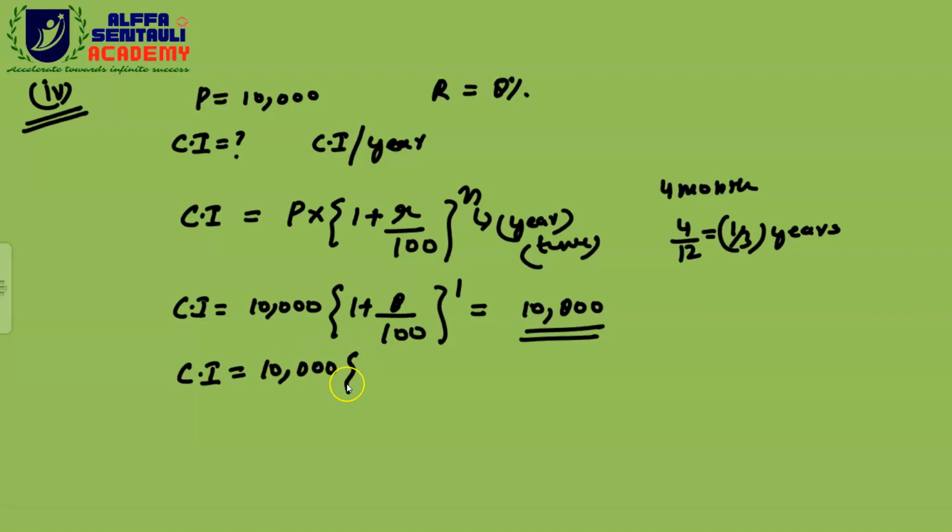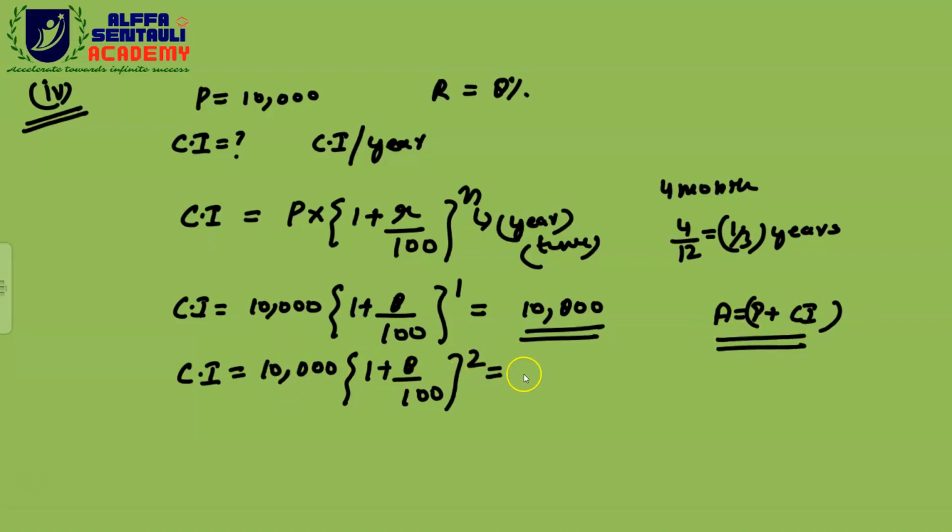You will fix this P. We are finding for the second year, right? We are keeping this principal as fixed, beta. We are not finding the amount. Amount is what? Principal plus CI. But we are not finding amount. We are finding only CI, right? Directly CI.